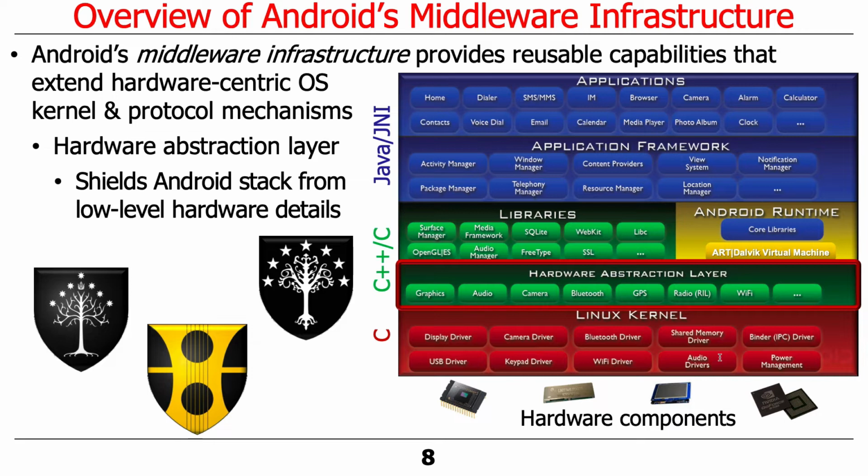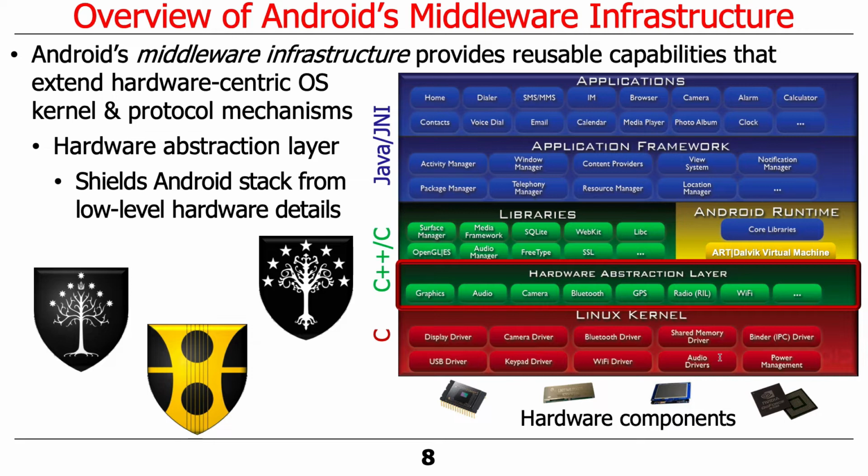You might go, gosh, that's kind of weird. Why do we need a hardware abstraction layer when we have a kernel which has a device driver framework? Linux has a device driver framework, which Android Linux also has. Why do we have this hardware abstraction layer as well as the OS kernel, which is also a hardware abstraction layer? That seems a little bit weird at first glance.